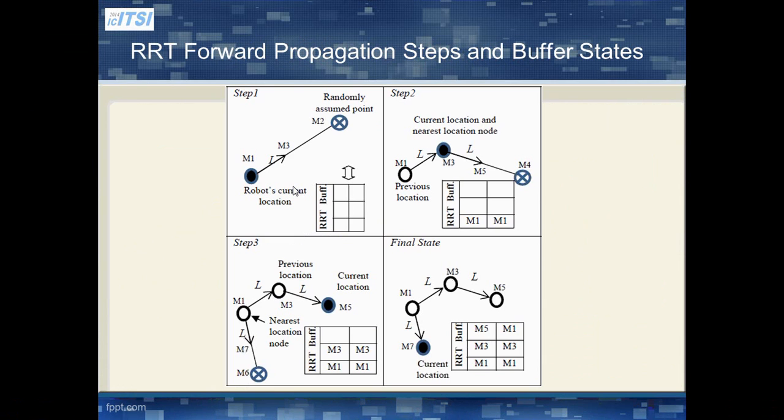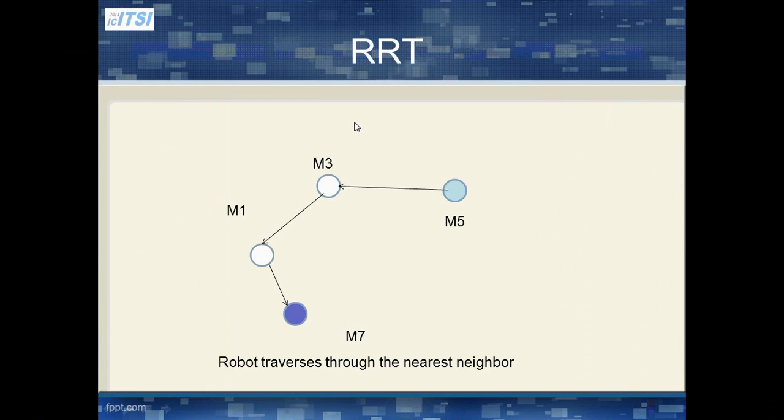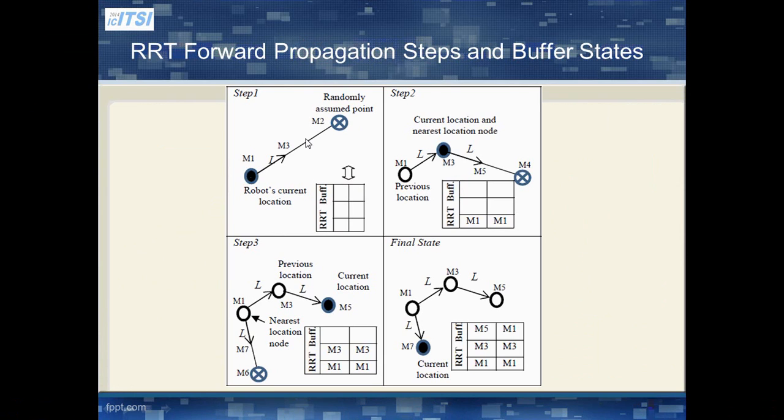The robot randomly chooses a point M2. The nearest node from M2 is M1 since it's the initial position. So the robot moves to a point M3 which is at a distance of L in the direction of M2. So the new location of the robot is M3.